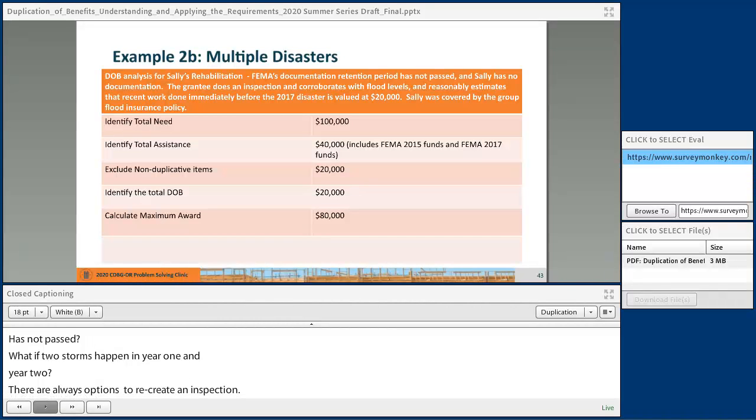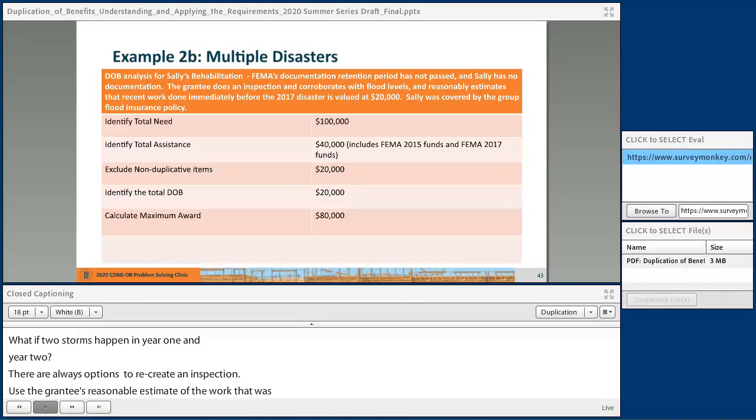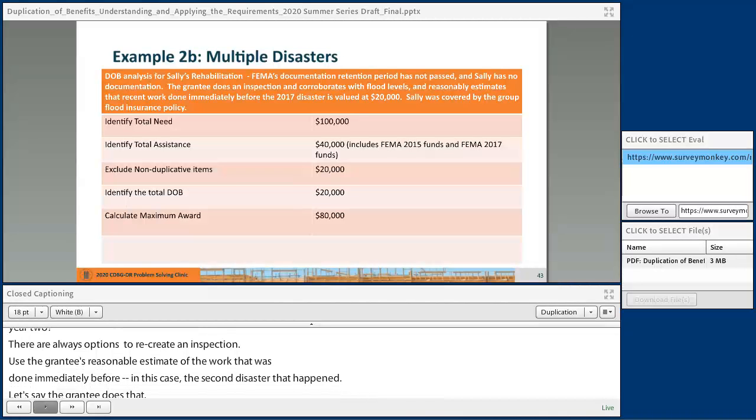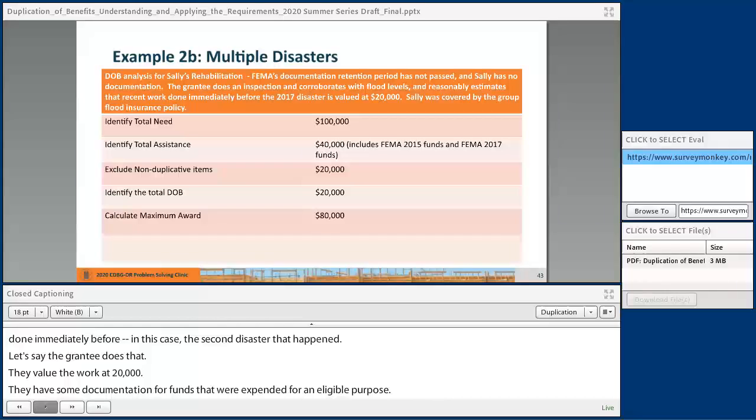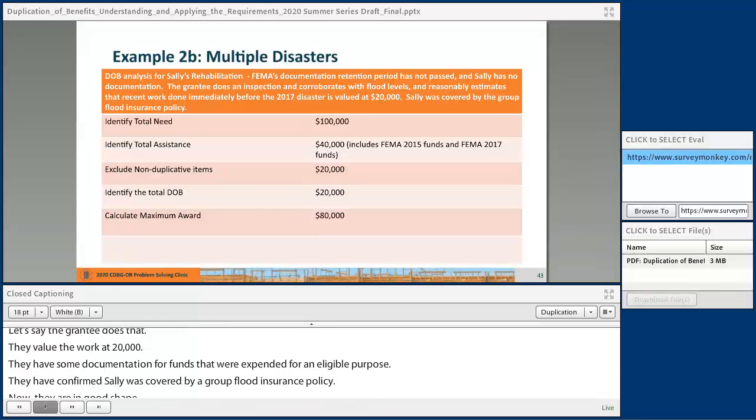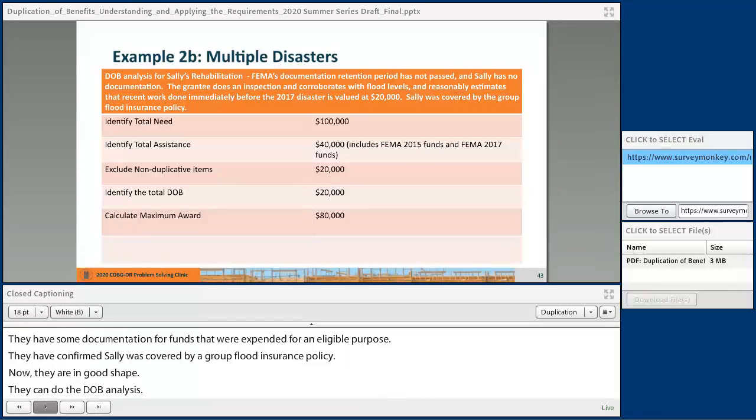Let's say the grantee does that and they value that work at $20,000. They have some documentation for funds that were expended for an eligible purpose. They've confirmed Sally was covered by a group flood insurance policy. Now they're in good shape. They can do their DOB analysis. $100,000 in need, $40,000 in total assistance, and $20,000 that they can exclude because they've done their inspection and they've corroborated with flood levels, and they can document that in the file.